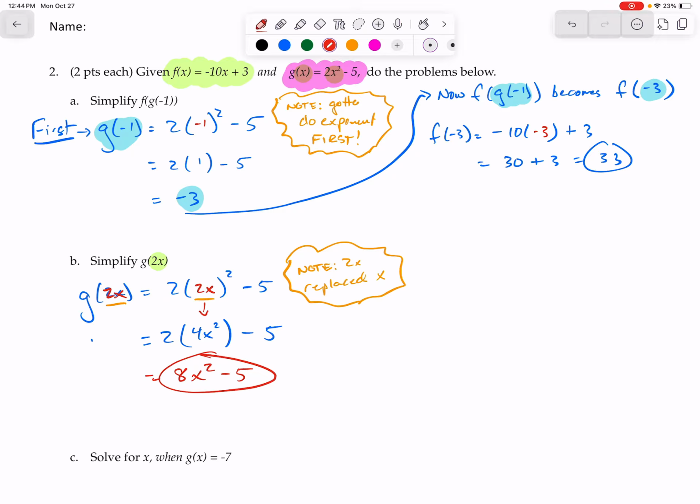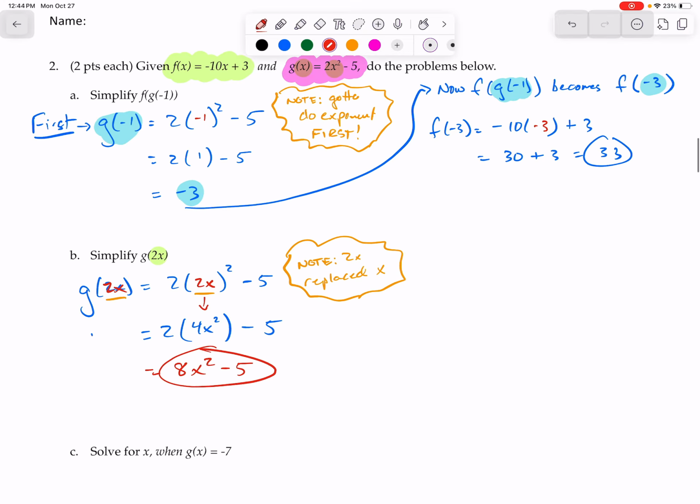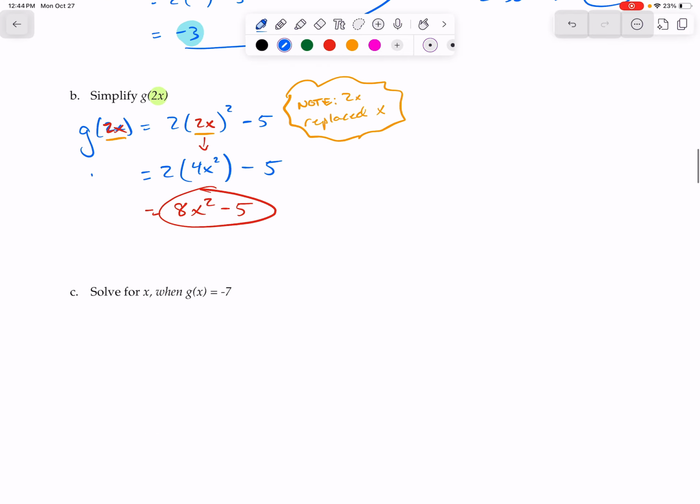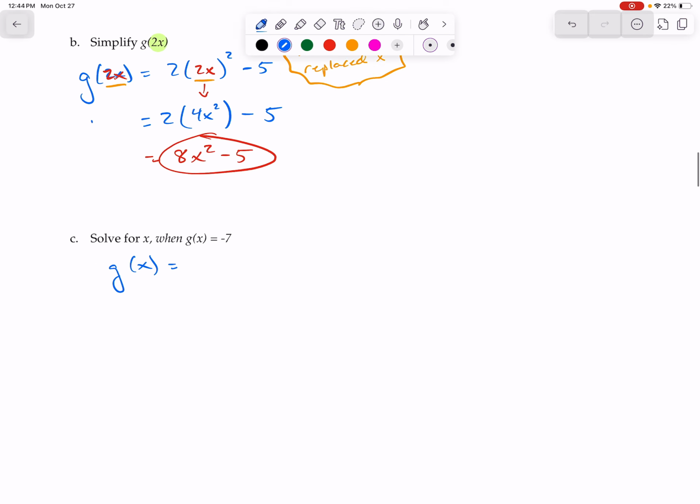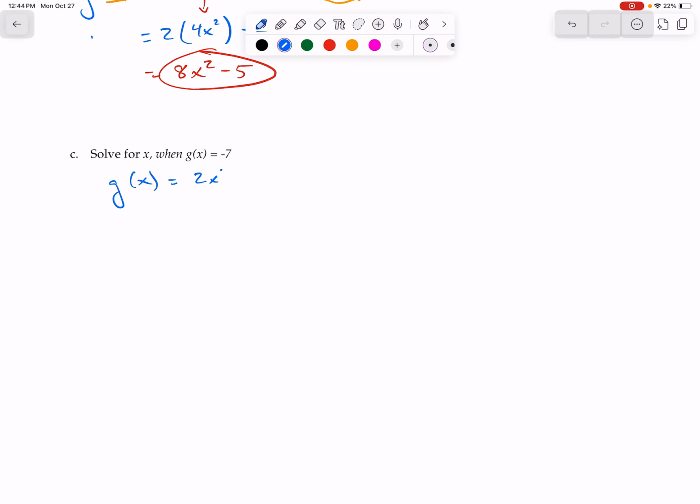Okay, solve for x when g of x is negative 7. So let me just write down g of x here so I can see it, because it's going to roll off the page. Equals 2x squared minus 5. But we know that that equals negative 7, so negative 7 equals 2x squared minus 5. All we've done is replace g of x with negative 7.